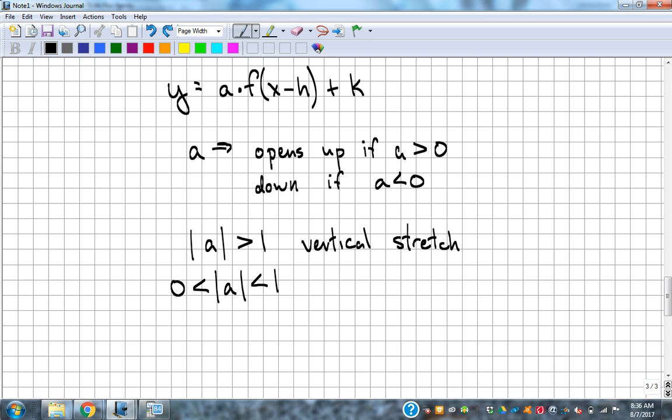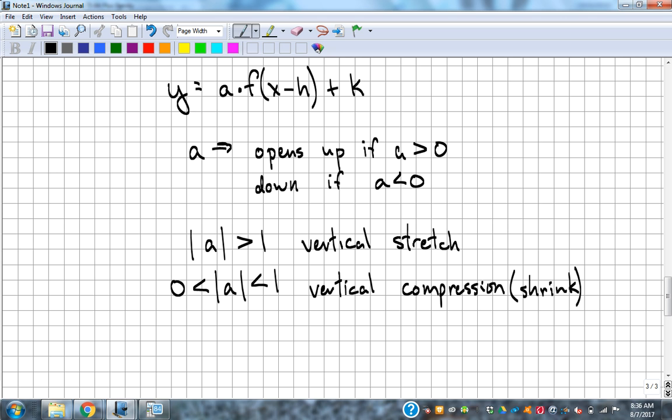And if that's a small fraction in there, it's going to be a vertical compression. And you may hear me say shrink. Shrink, compression mean the same thing. It's going to make it shorter, that sort of idea. Okay.